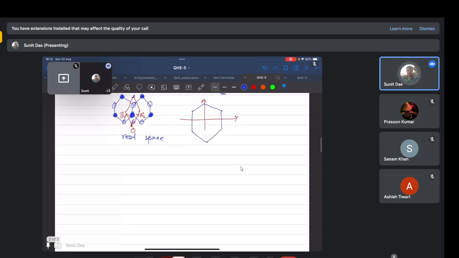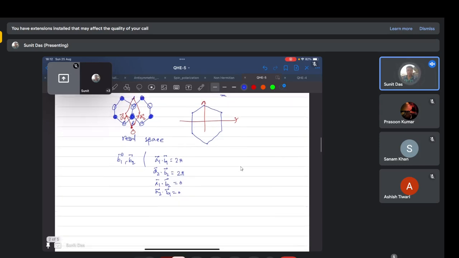How can we get these reciprocal space vectors and then construct the unit cell in the reciprocal space? We simply need to find B1 and B2, and the condition is A1 dot B1 is 2 pi, similarly A2 dot B2 is 2 pi, and A1 dot B2 is 0, and similarly A2 dot B1 is 0.